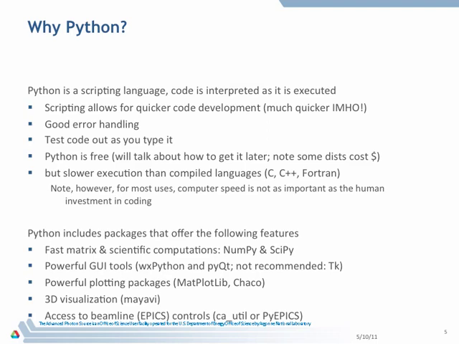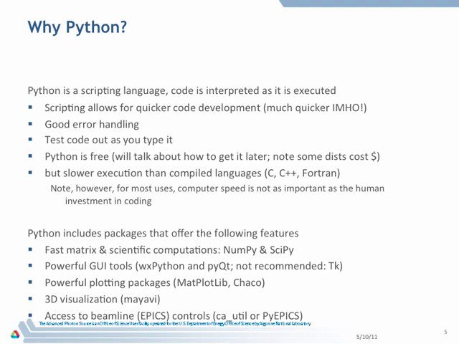So Python also has very nice packages. I mentioned NumPy and SciPy for doing linear algebra, all sorts of scientific computations. You can build really nice graphical user interfaces. I'll talk about using this wxPython package, but there's another alternative, PyQt.